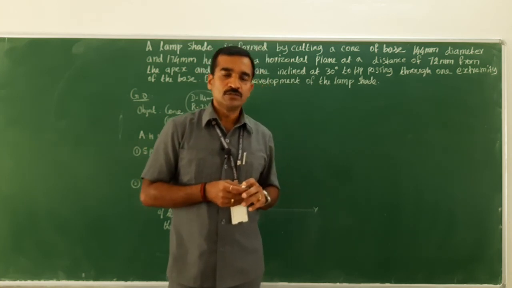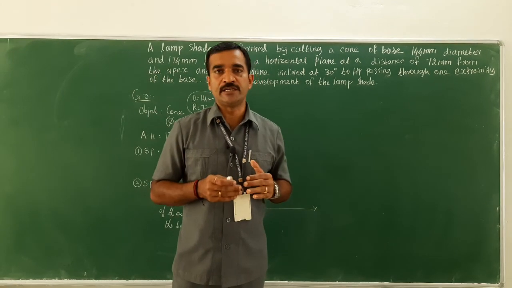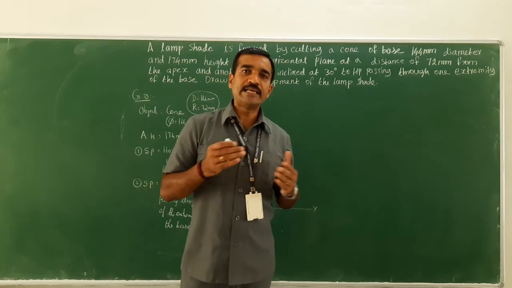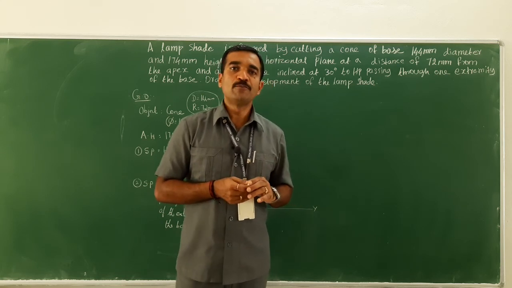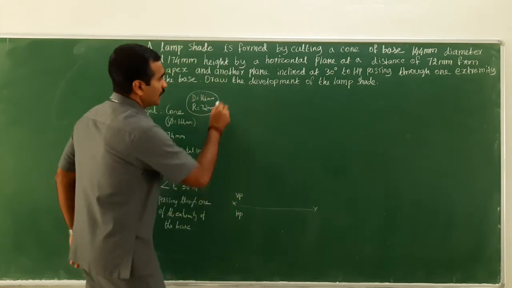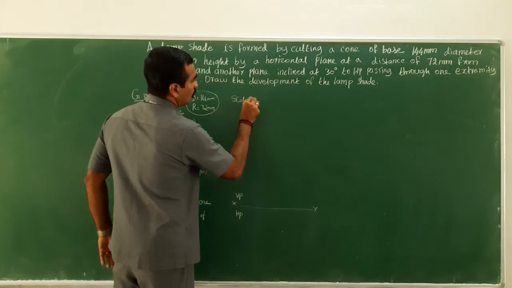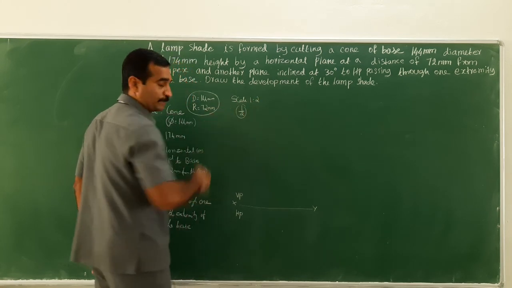So in order to cover up in the given A3 sheet, you must choose an appropriate scale here. I am going to use a reduced scale, 1:2, which is nothing but 1 by 2, that is half.